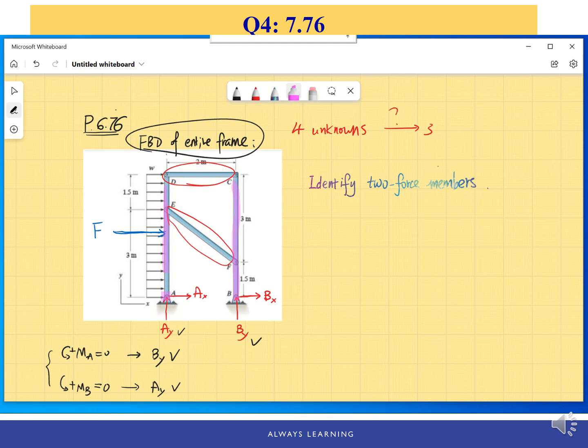Because the two force members are here to simplify the forces on the other free body diagrams. So let's see if we're going to use the member CFB, which is a member on the right, what will happen? So let's draw the free body diagram of member CFB.